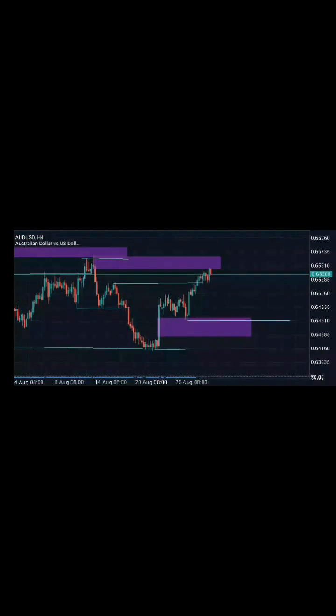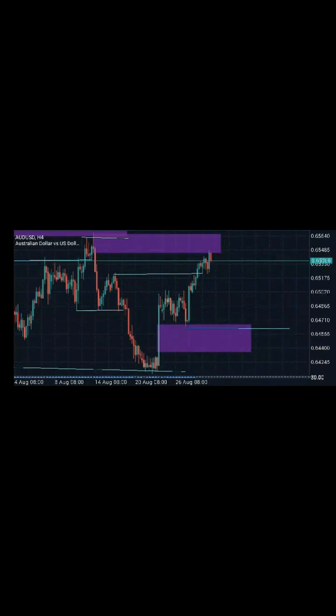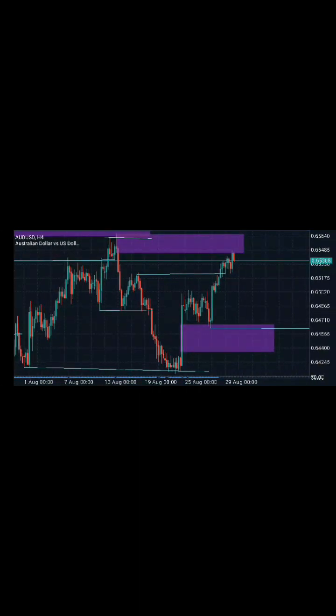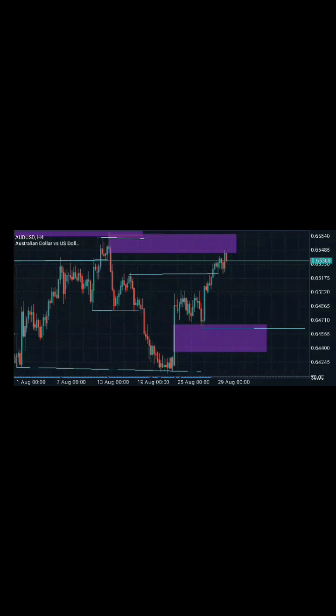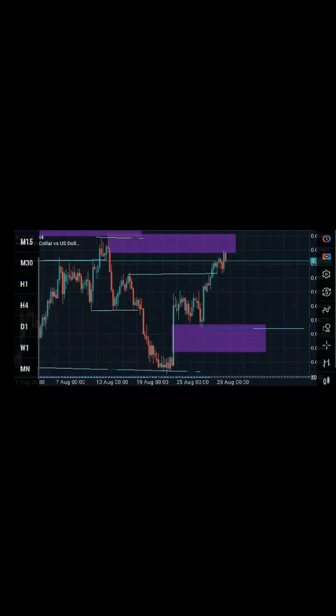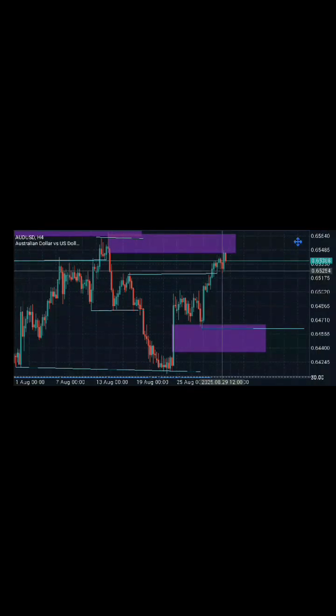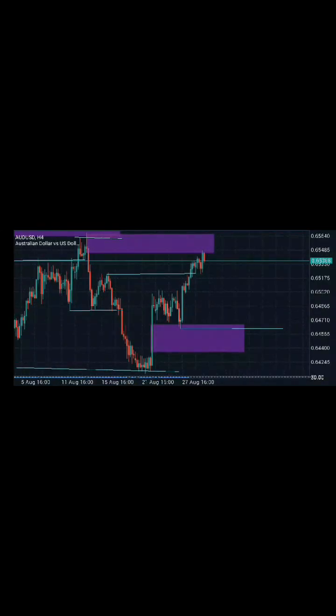So I will want to support my selling. I want to see, when the market opens, what kind of reaction will happen here. If the market gives me a selling setup, I'll definitely go in for a sell. So let me support my reason why I want to sell the Aussie US dollar.